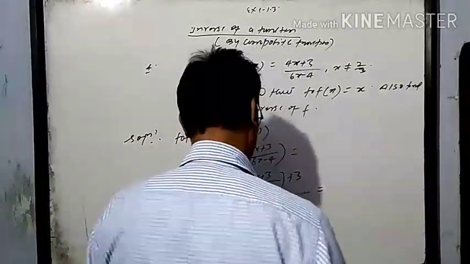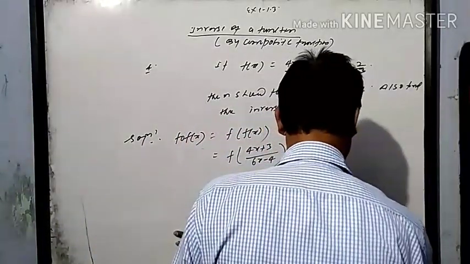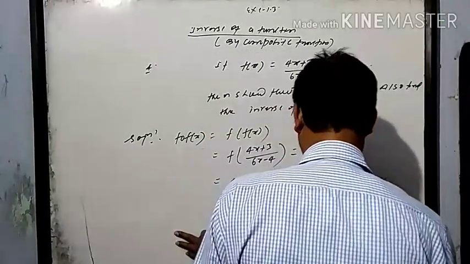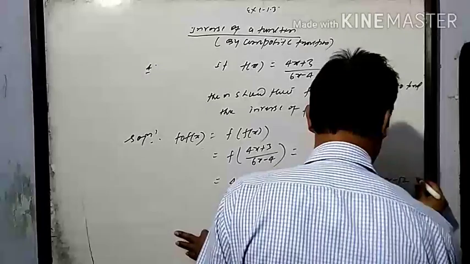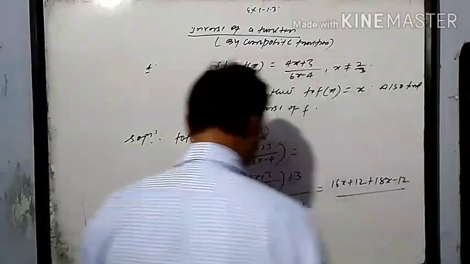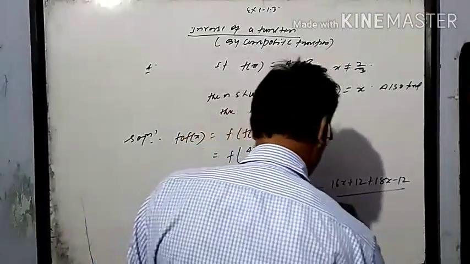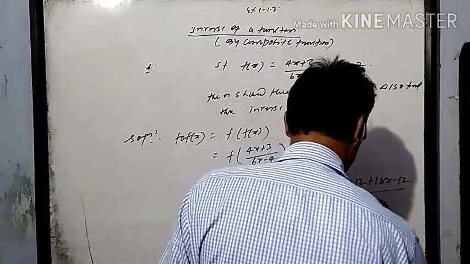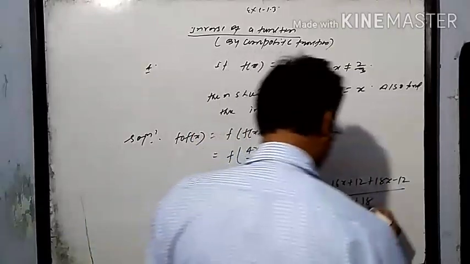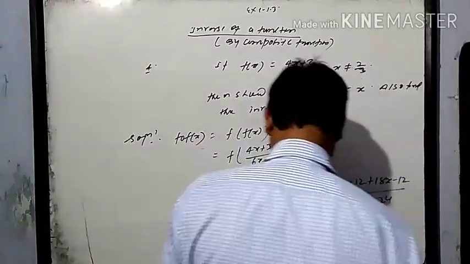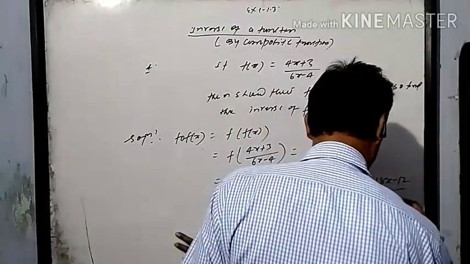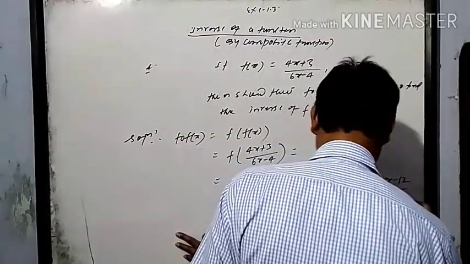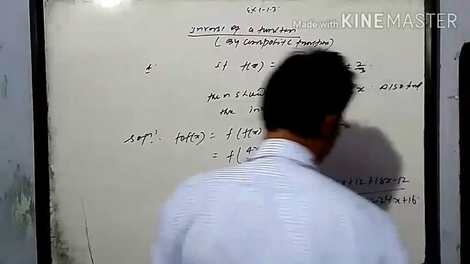and this is equal to (16x plus 12 plus 18x minus 12) divided by (24x plus 18 minus 24x plus 16).